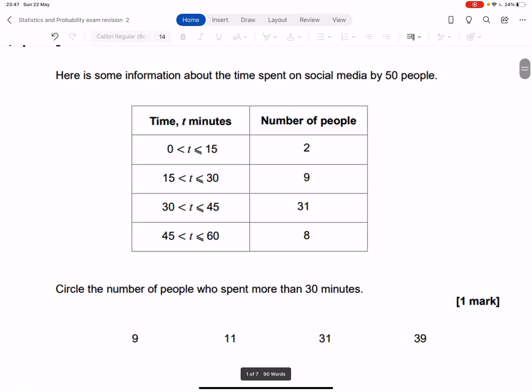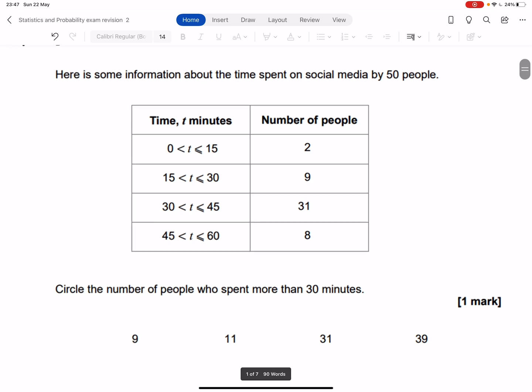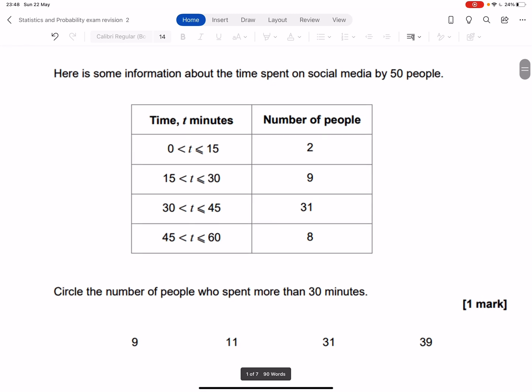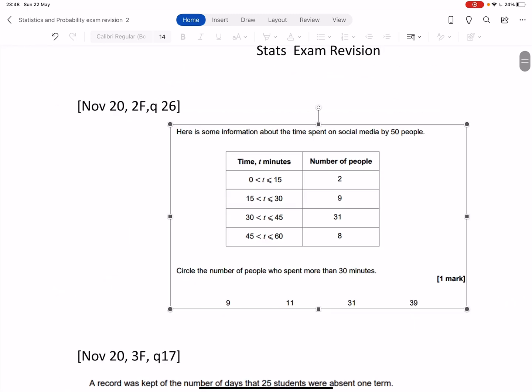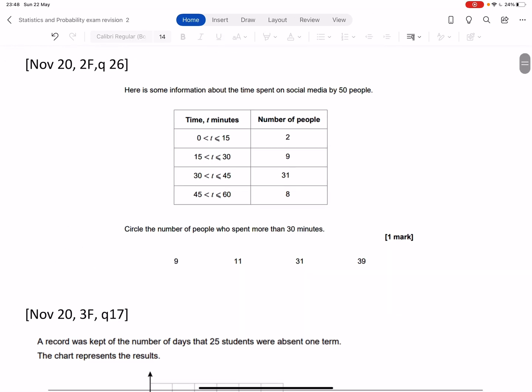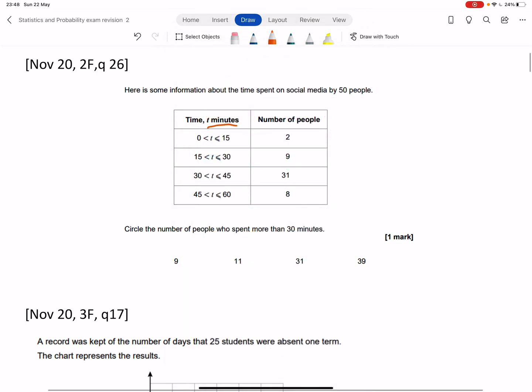Here is some information about the time spent on social media by 50 people. The first column shows time in minutes, represented as T, and the second column, number of people.